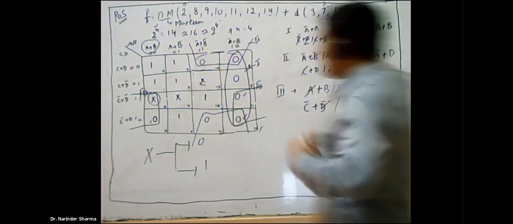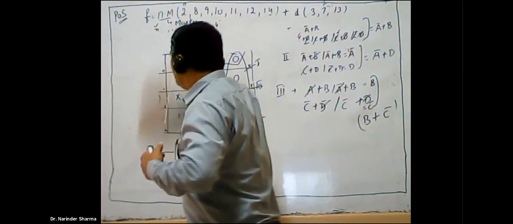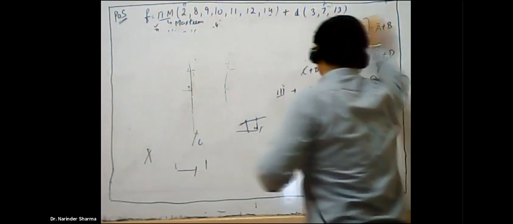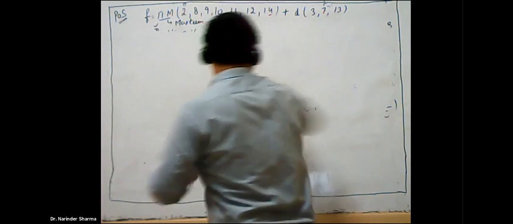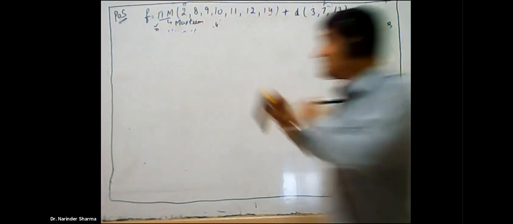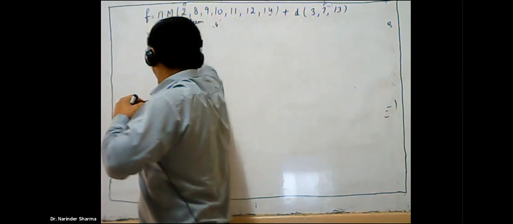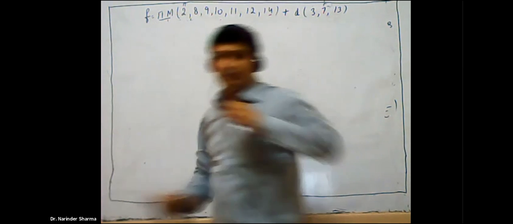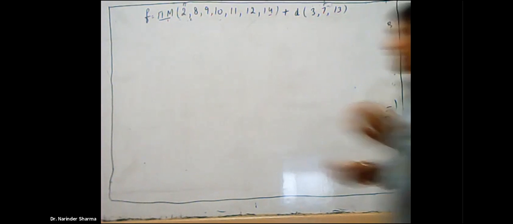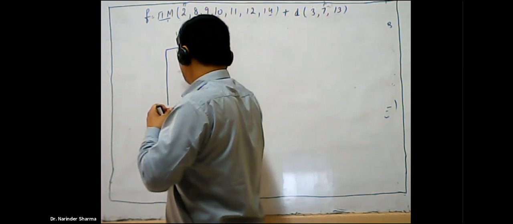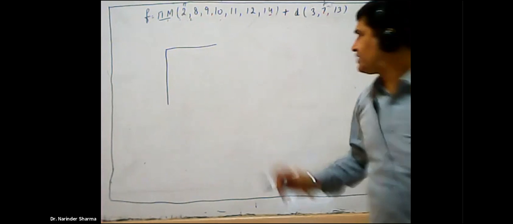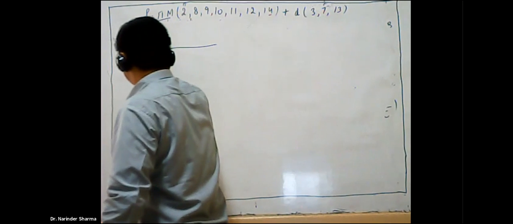One interesting fact: we can pursue this question by SOP or POS. If it is not mentioned in the paper, and it only says you have to minimize, not SOP or POS, then you can pursue either.